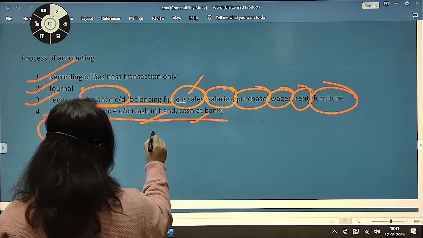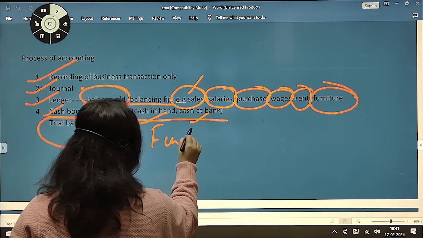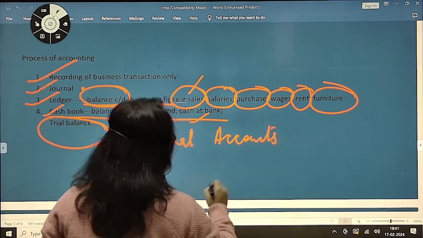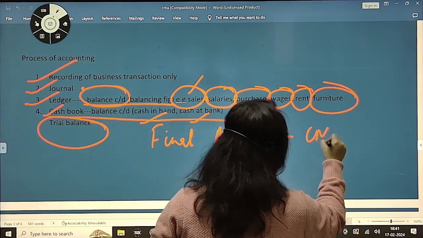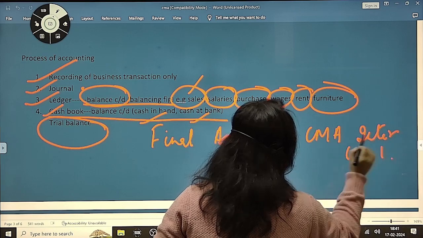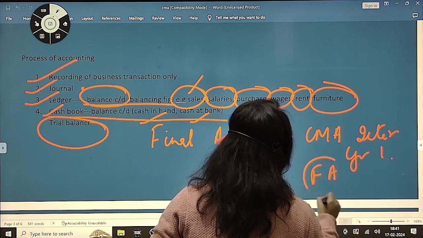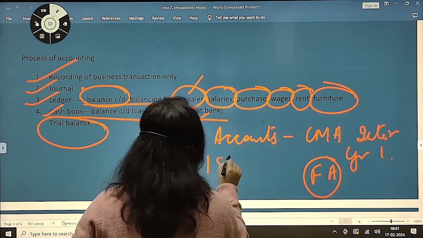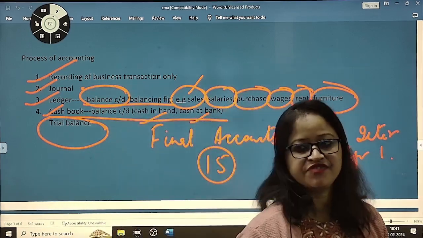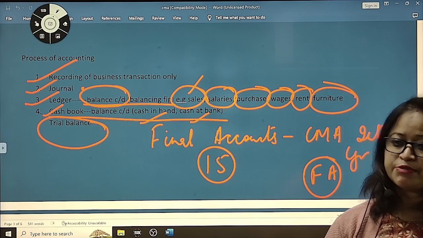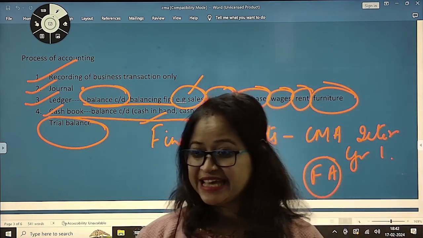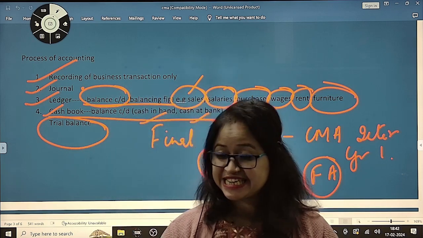So students, you have a chapter, final accounts, in CMA Inter Group 1 in financial accounting, and it carries 15 marks. Sometimes it may be 20 marks also, because it depends upon the mood of the person who is setting the paper.